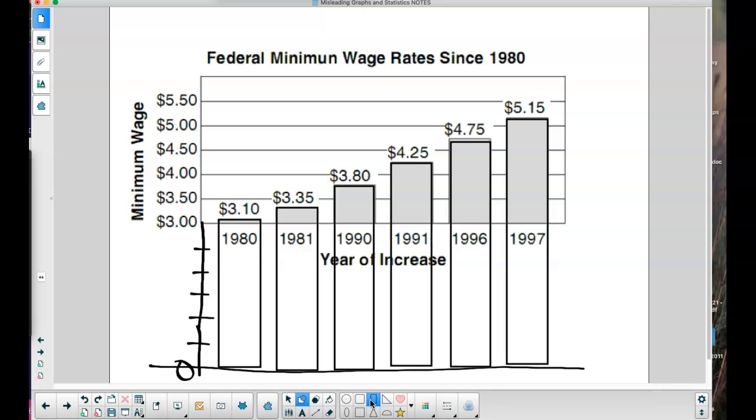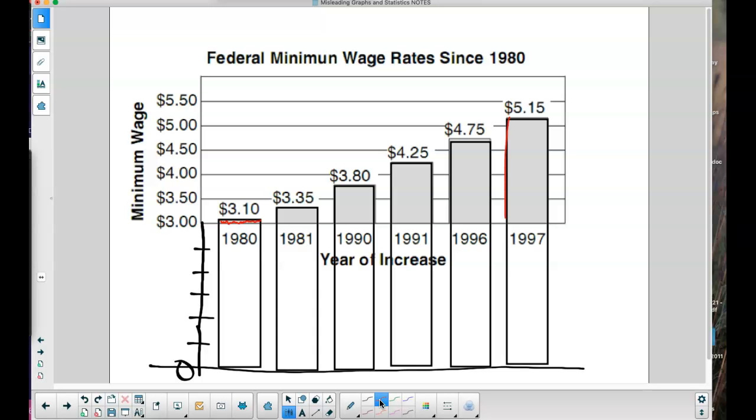That looks very different, right? Do the bars look that big of a difference in size now? Not quite. There's still a change, right? Prices still went up. But before, this little bar right here represented 1980.